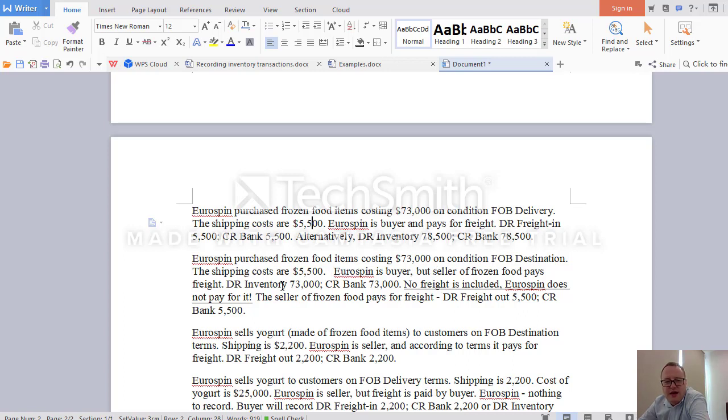So therefore, debit inventory 73,000, credit bank 73,000. No freight is included because I'm talking here about the books of Eurospin. So Eurospin would not pay for the freight, so they will just record the value of inventory that they purchased, 73,000. But the seller will record freight out 5,500, credit bank 5,500, and so on.